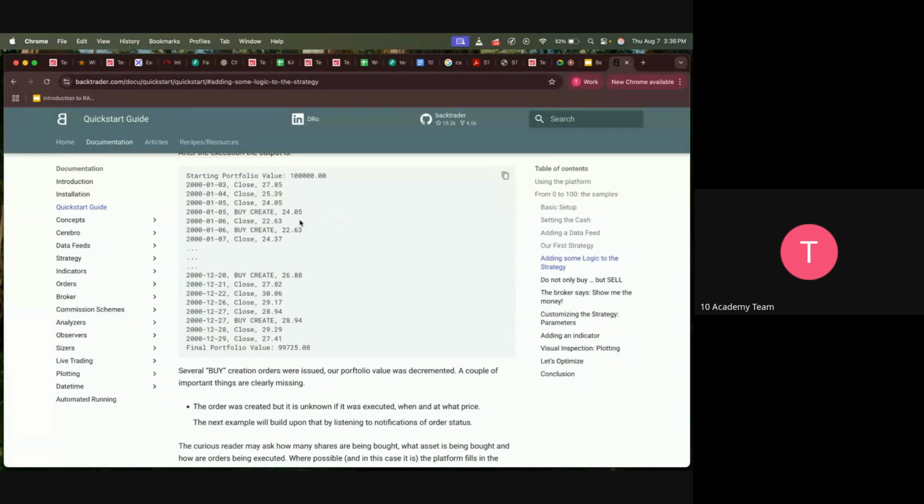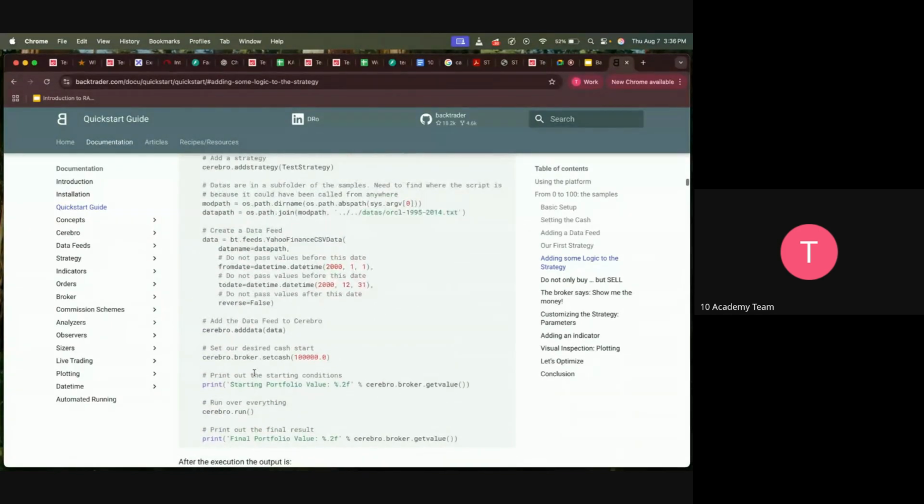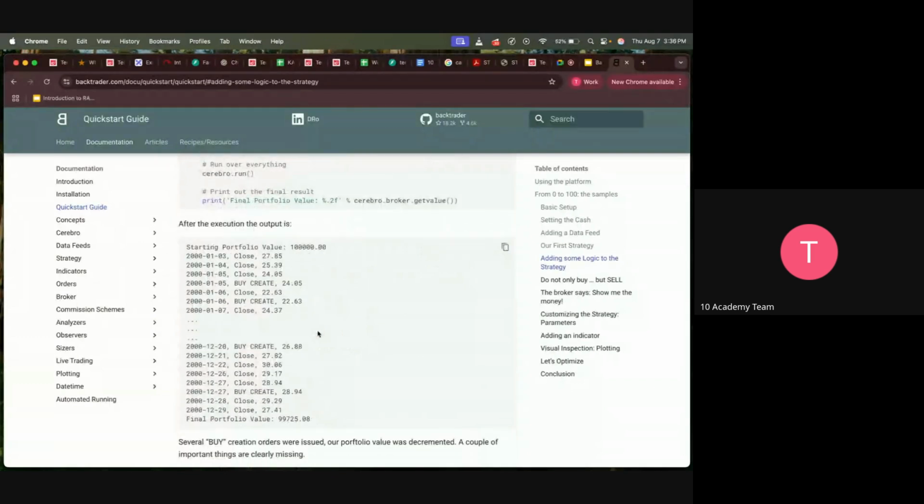With this pricing, we are buying actual stakes. So our stakes are increasing, but our cash value might be decreasing because we are spending money. So this is what Backtrader does. It gives you this opportunity to put your strategies inside, and it applies it on your data.